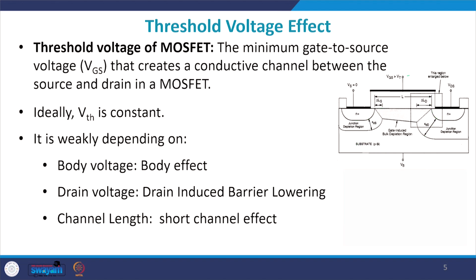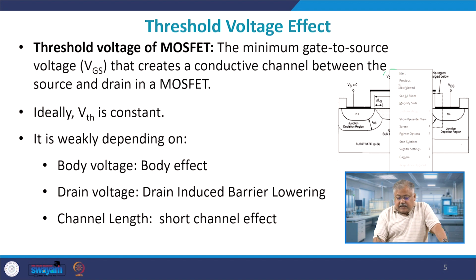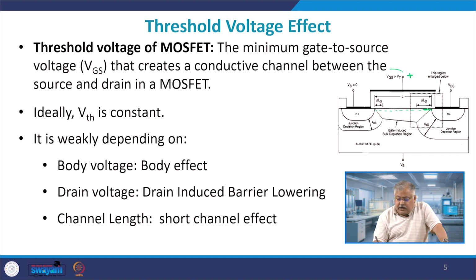Let me apply a positive bias here, and the gate voltage is larger than threshold, so a very thin inversion layer is being formed here, right. Now from where did you get the charge? You got the charge from this region, this region and this region. So there was an initial electric field coming in this direction when VB was equal to 0.